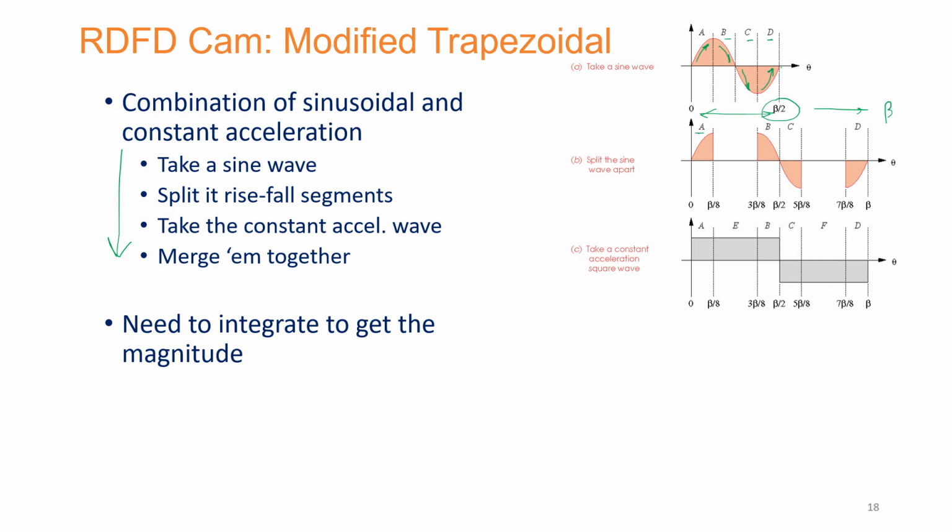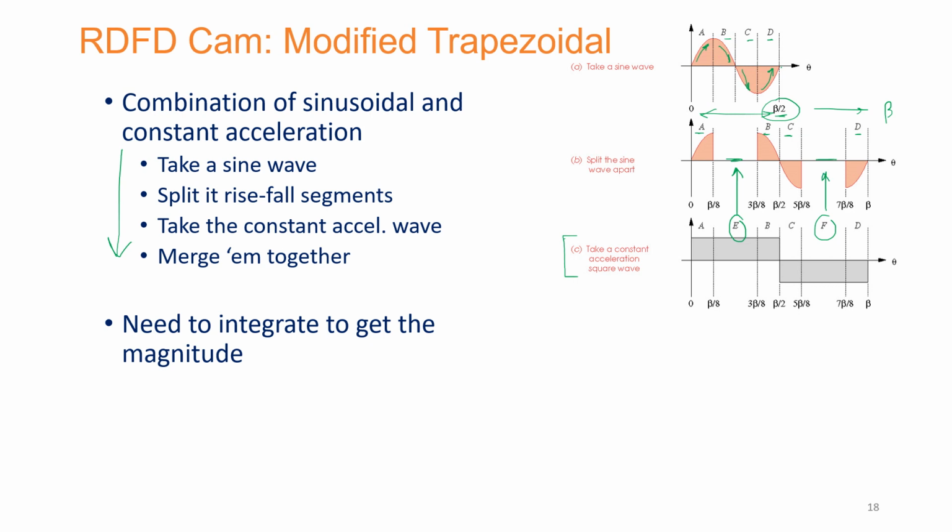So this is A, this is B, this is C, this is D. But in between, when you spread from beta by 2 all the way to beta, you have this empty space and another empty space over here. Now what we are going to do in step C, which is already shown to you, you're going to have the constant acceleration waveform shown, but now segment E and segment F are going to be placed right in the middle, in the empty spaces.